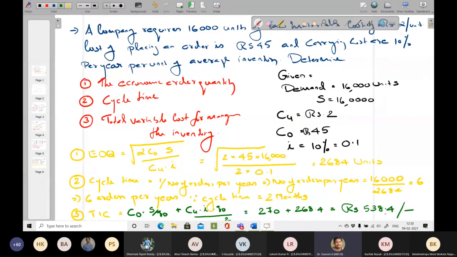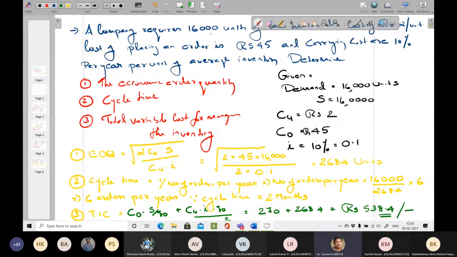So this is what you will normally be determining from the inventory model. You have determined this for the company which requires 16,000 units a year, having a raw material cost of rupees 2 per unit, a cost of placing an order of rupees 45, and inventory carrying cost of 10% per unit of average inventory.